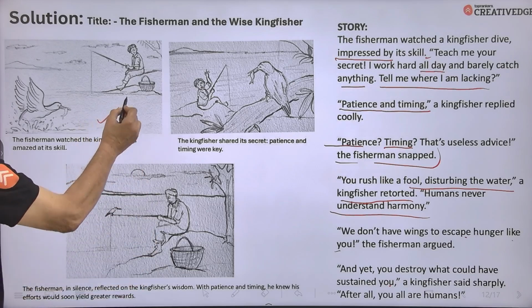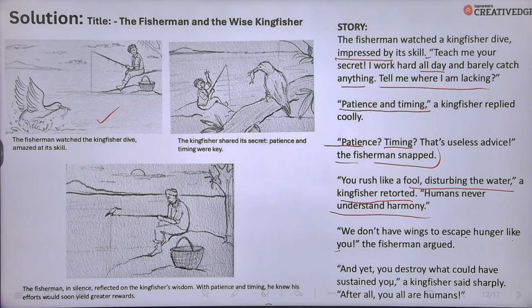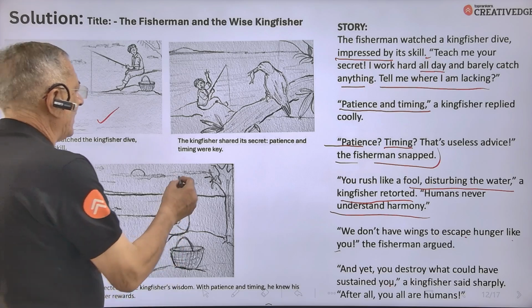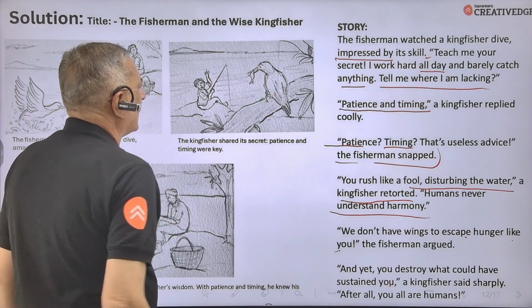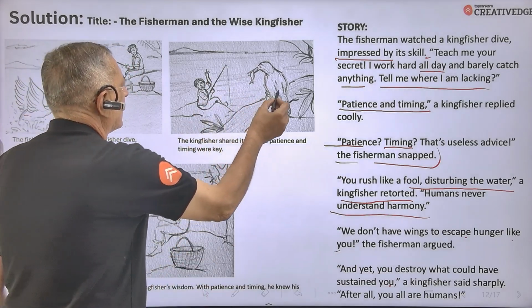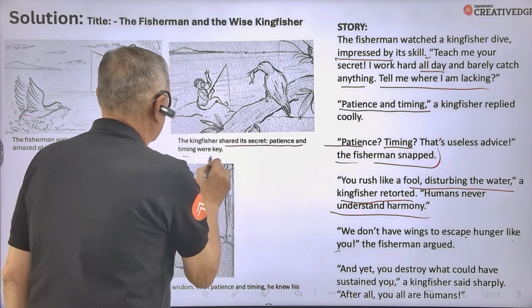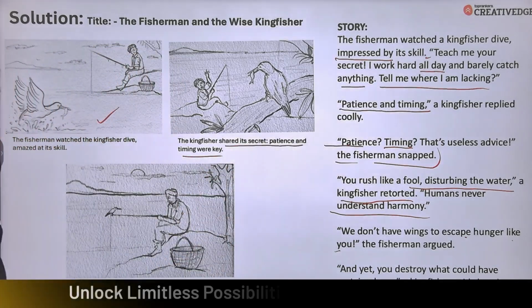So this is where the fisherman sees the kingfisher diving into water, catching hold of a fish, and the conversation starts. Tell me, where am I lagging? Kingfisher says, patience and timing are the key.